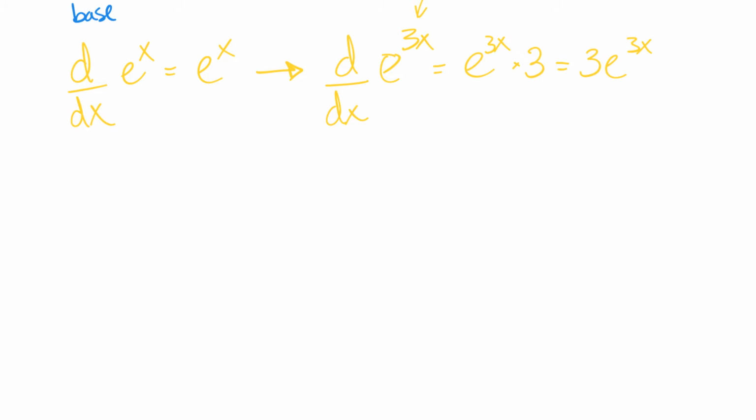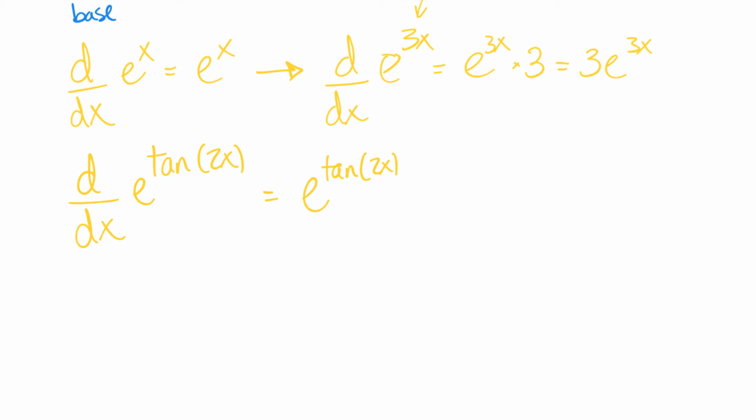Now, let's do one more. Let's say that you have the derivative with respect to x of e to the, let's think of a crazy function, the tangent of 2x for some reason. So, as always, the derivative of the exponential function is the same. So that doesn't change.